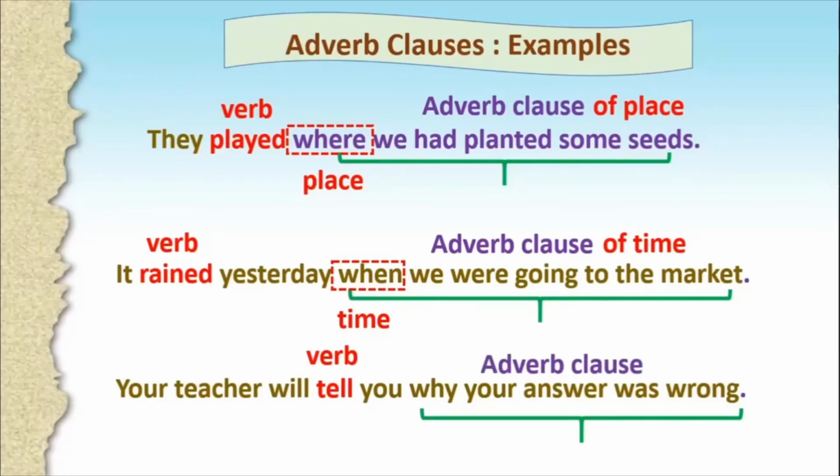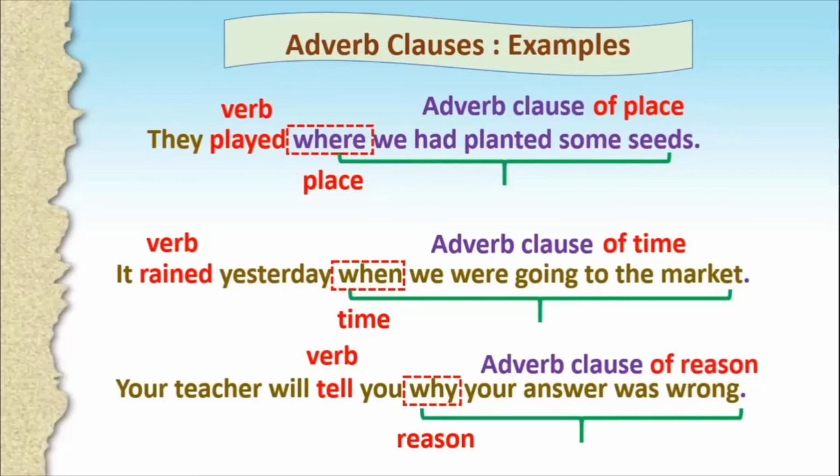So search for the keyword, which is why. When I'm asking you why, what am I saying? Why did you not come to school yesterday? I'm asking you the reason, isn't it? So why indicates a reason. So this particular adverb clause, why your answer was wrong, is the adverb clause of reason.